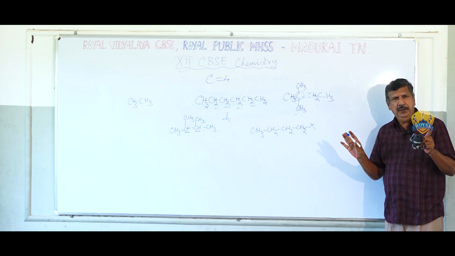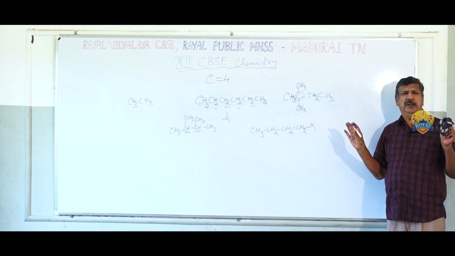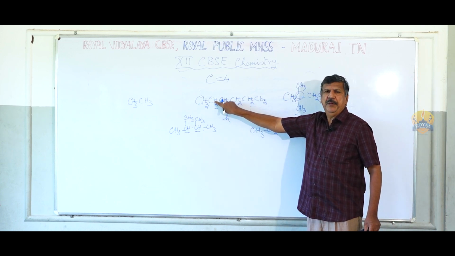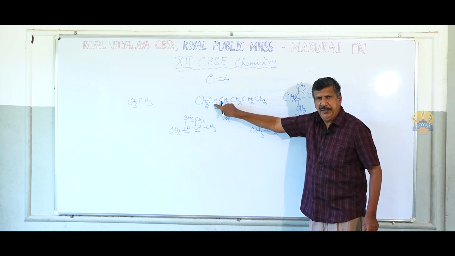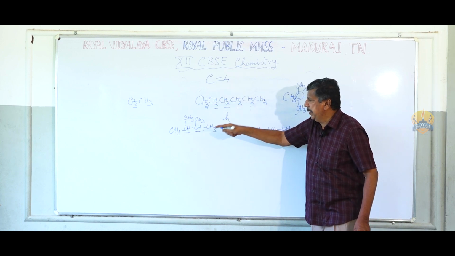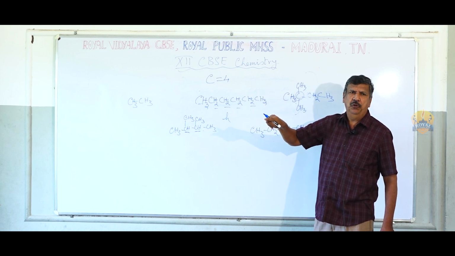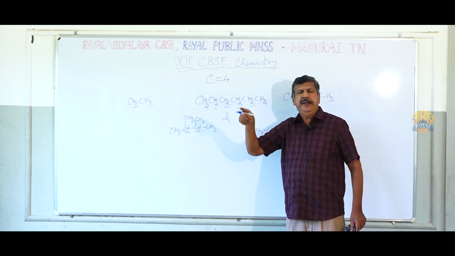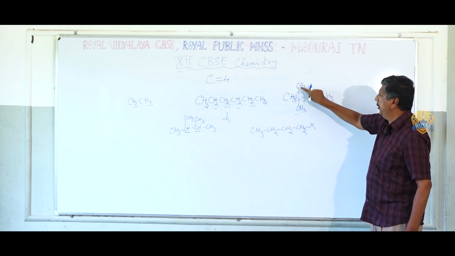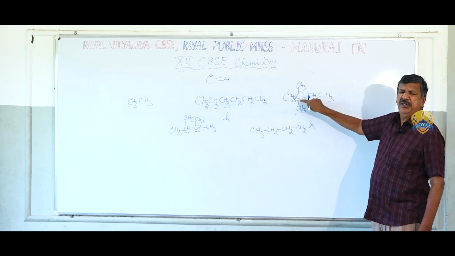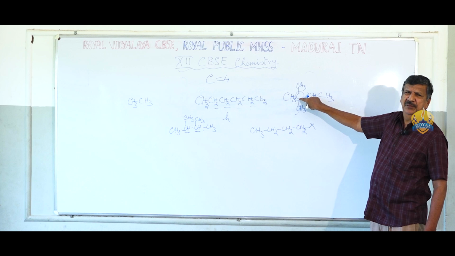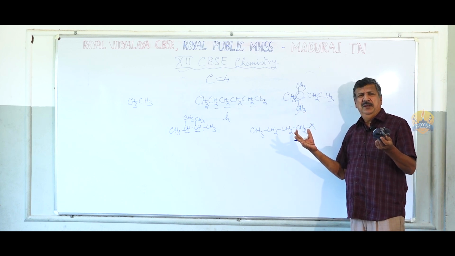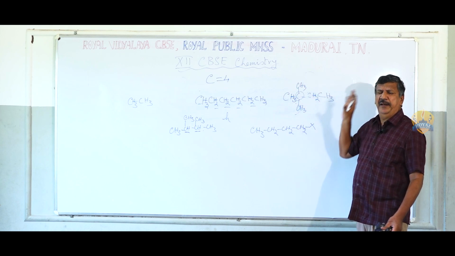So be careful, this is very, very important. When it is an ordinary carbon, you should have 2 hydrogens. When it is substituted by a single group, you should have only 1 hydrogen. When it is substituted by 2 groups on the same carbon, there should not be any hydrogen. This is very important, but don't mug up. This is a basic thing for organic chemistry.